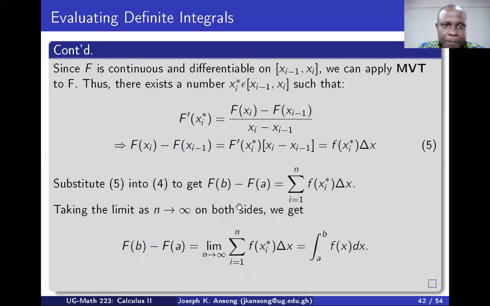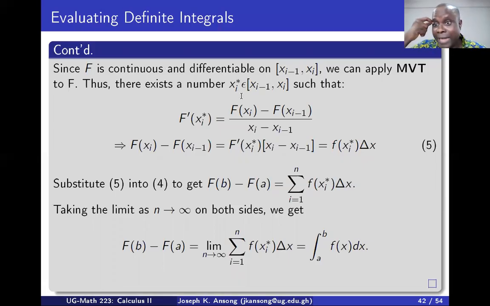From here, we know that the function f is continuous. This antiderivative of f is continuous and differentiable because capital F prime is small f. So it's continuous and differentiable on this interval. Because of that, we can apply the mean value theorem, MVT, to it. MVT says that if this is continuous and differentiable on an interval, then there is a point within that interval, which we are calling xi star.